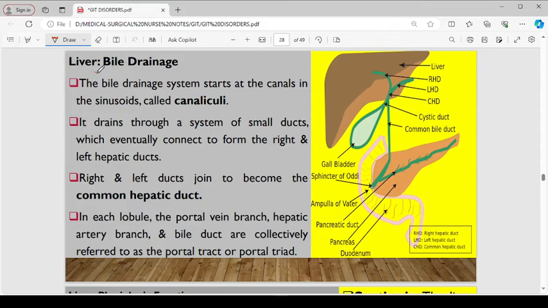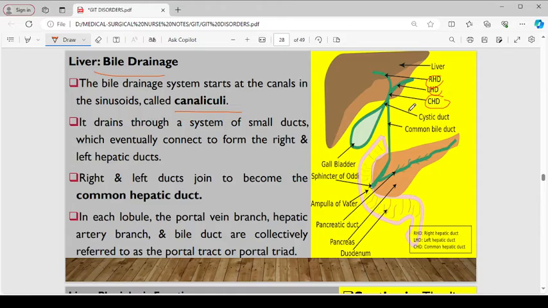So we also have another function of the liver, that is bile drainage. The bile drainage system starts at the canals in the sinusoids, the ones that we refer to as the canaliculi. It drains through a system of small ducts, which eventually connect to form the right and left hepatic ducts, right? The right and left connect to form the common hepatic duct.